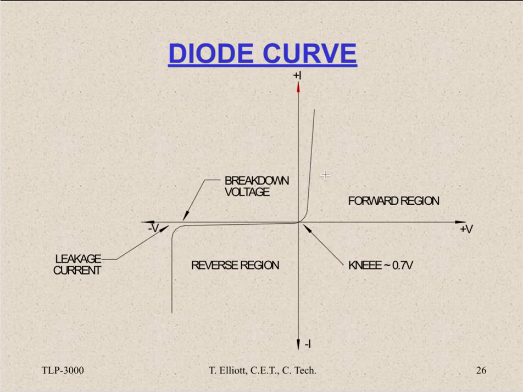A standard diode starts to turn on somewhere around 0.58, 0.6 volts. 0.7 volts is assumed to be turned on 100%. And then the current increases linearly here, limited by the resistor.